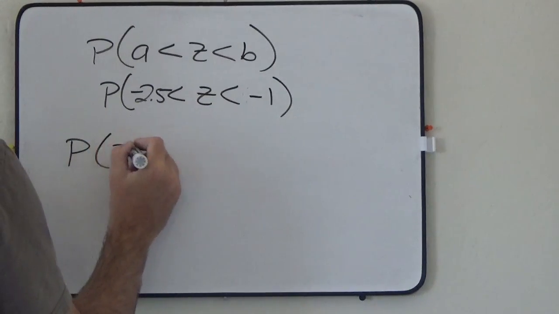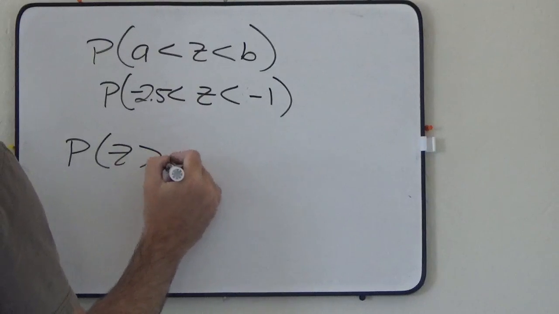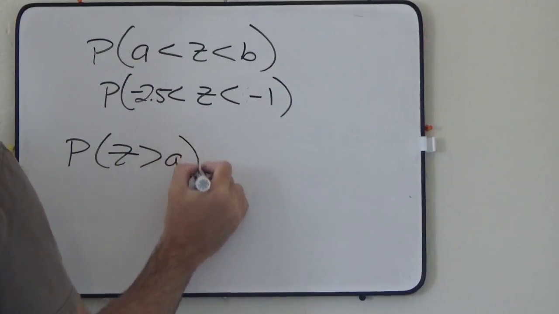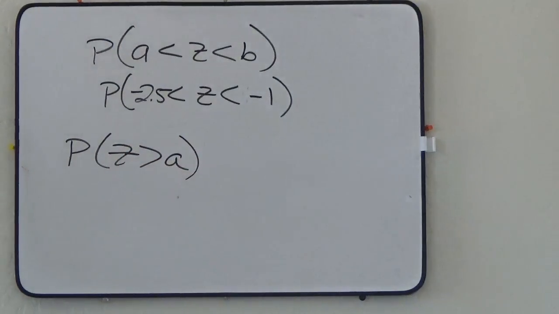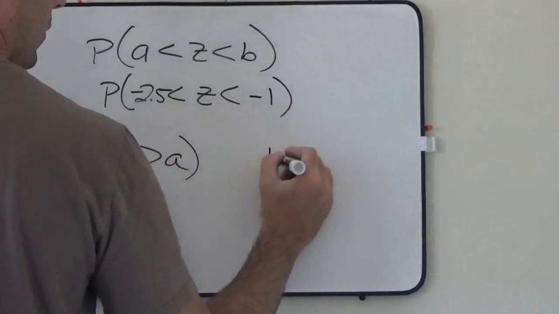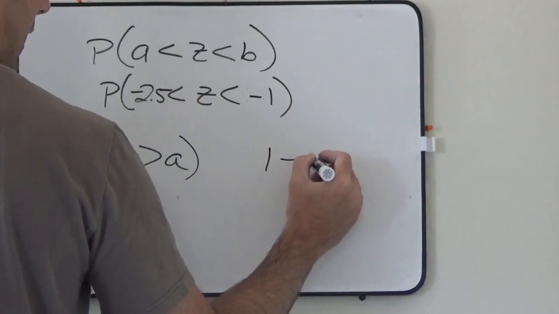Another way is when z is greater than A. In other words, we're going to find the probability of everything greater than that. That's when you're going to have to do 1 minus the probability of A. Okay?